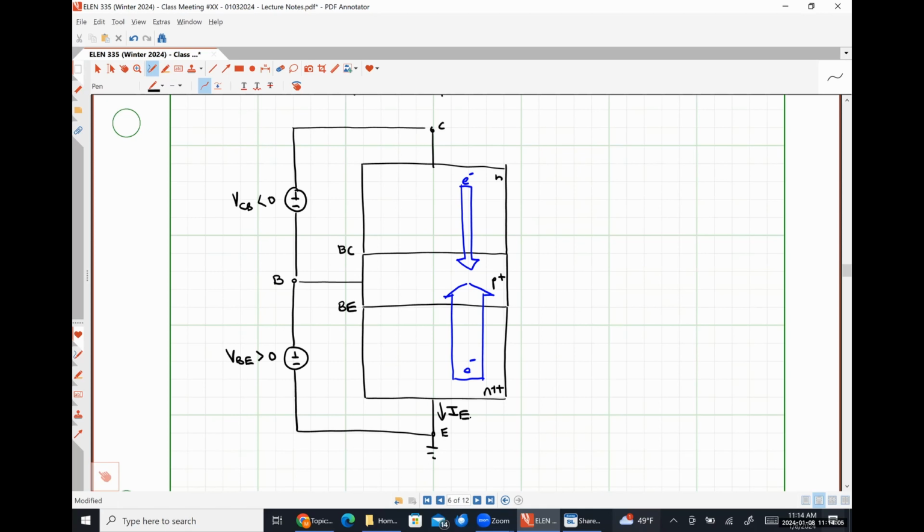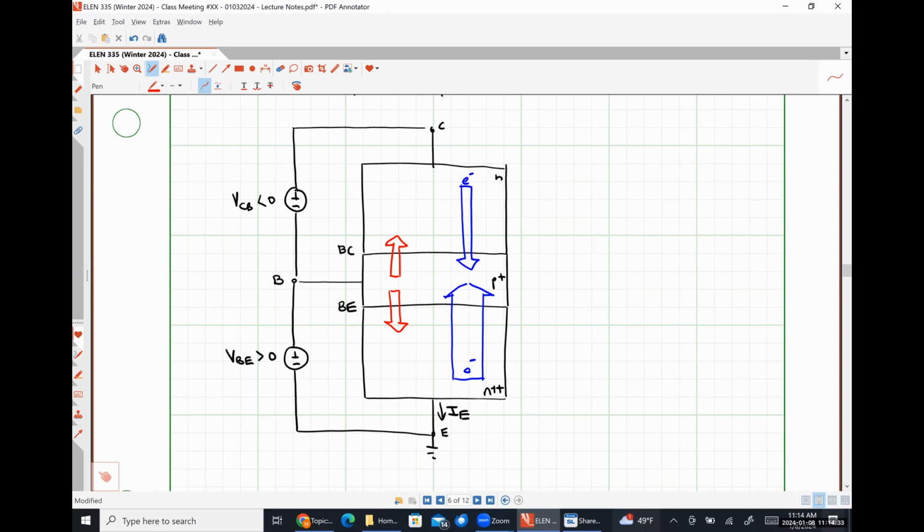Hole diffusion is going to occur from the base to the emitter and from the base into the collector. So we should see some holes diffusing in this direction, other holes diffusing in this direction. The hole diffusion into the collector causes a reduction in the collector current.